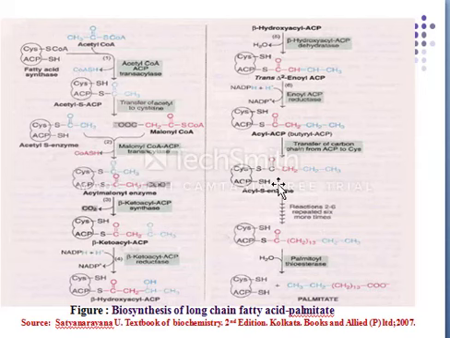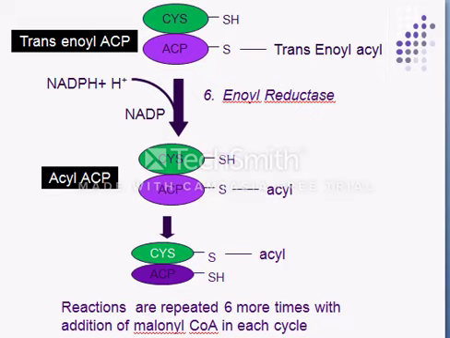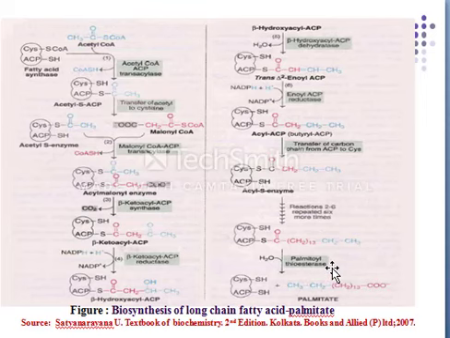From this step to the sixth, up to trans delta 2 enoyl ACP, repeats 6 more times. So each time the fatty acid chain is lengthened by 2 carbon units obtained from malonyl CoA. At the end of 7 cycles, fatty acid synthesis is complete, and a 16 carbon fully saturated fatty acid, namely palmitate bound to ACP, is produced.